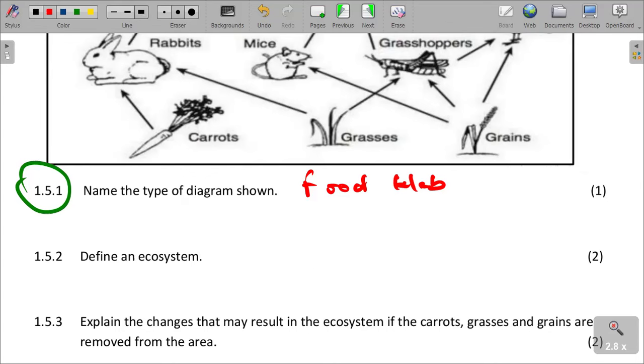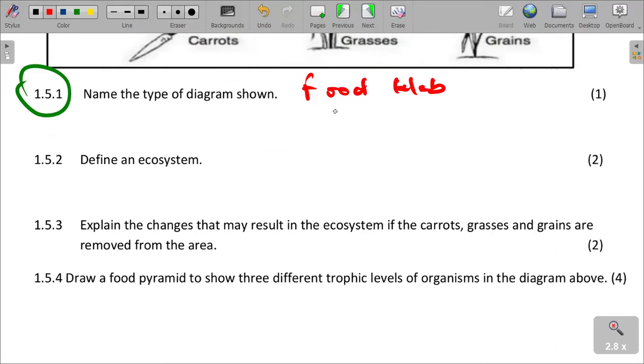An ecosystem, we can define it as an illustration of the interdependence of organisms in their environments.